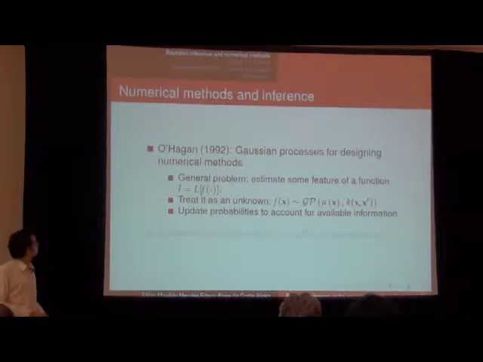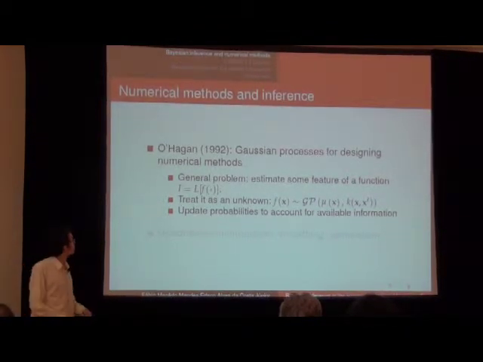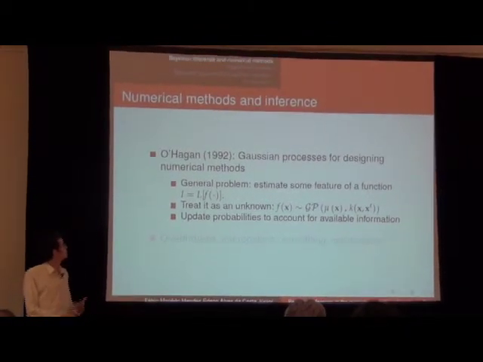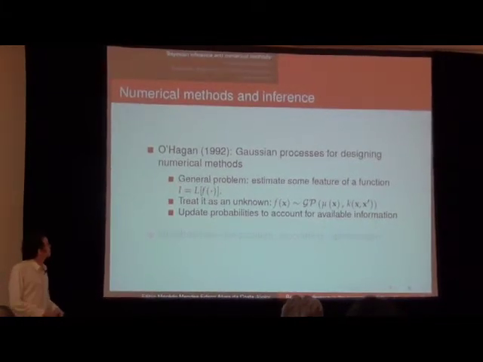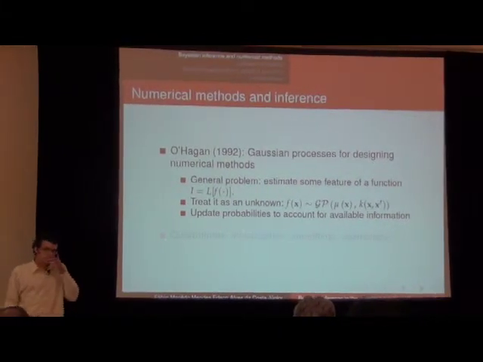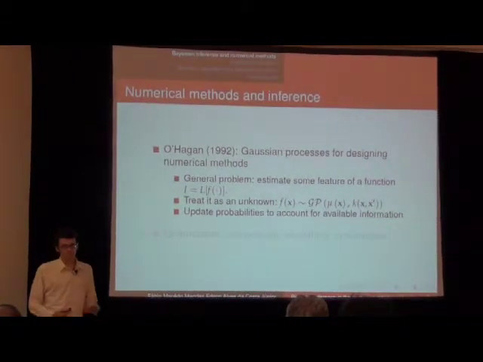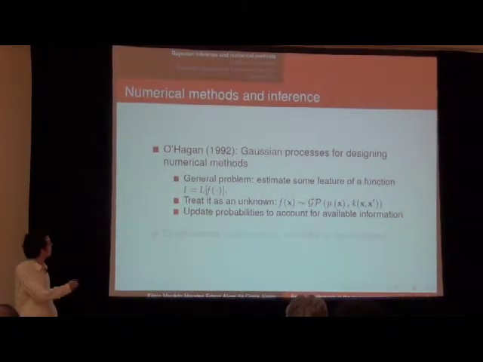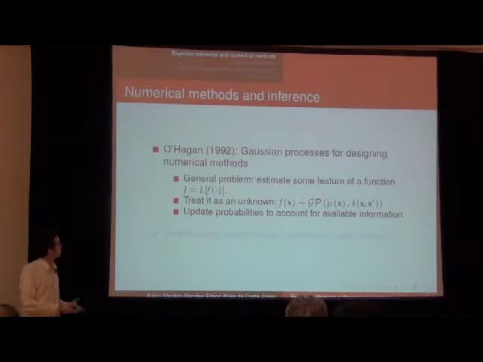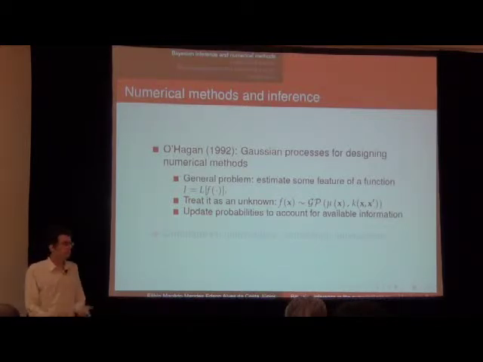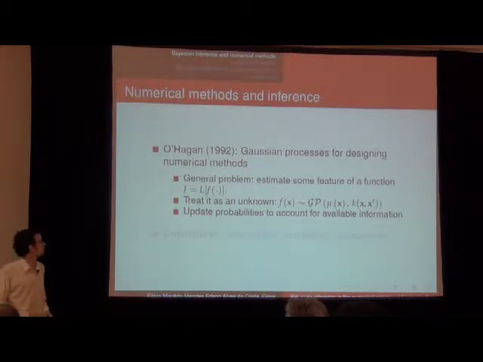And I'm doing this in the spirit of the work of O'Hagan in the 90s. His core idea was to use Gaussian processes for designing numerical methods. So it's a very general idea, and you can apply it to many special cases or many situations.